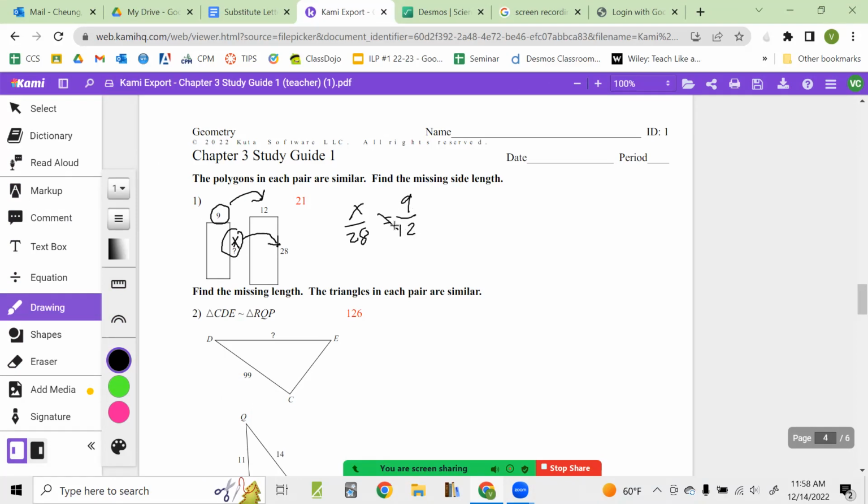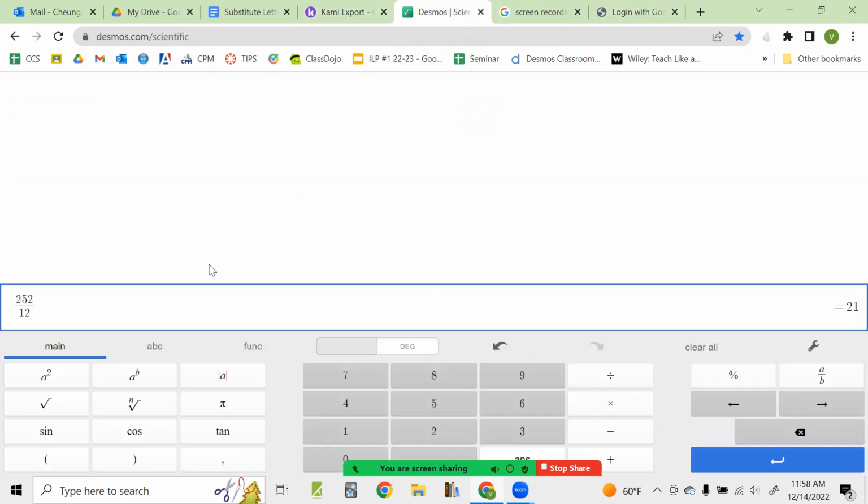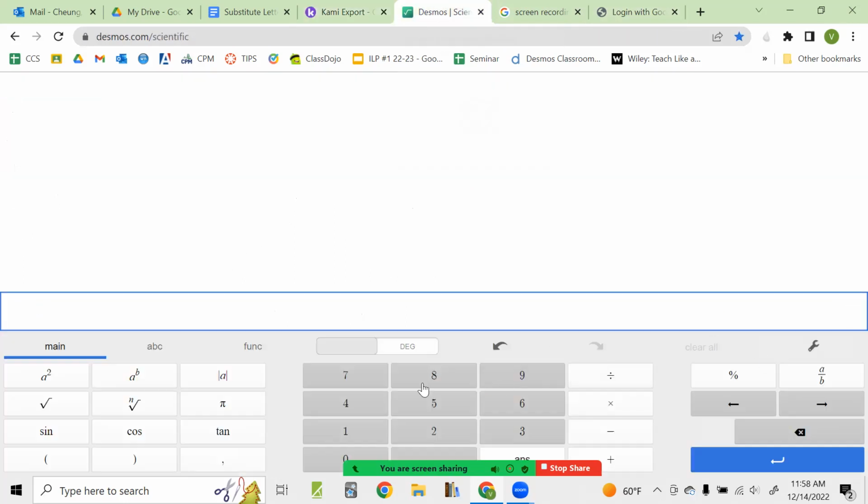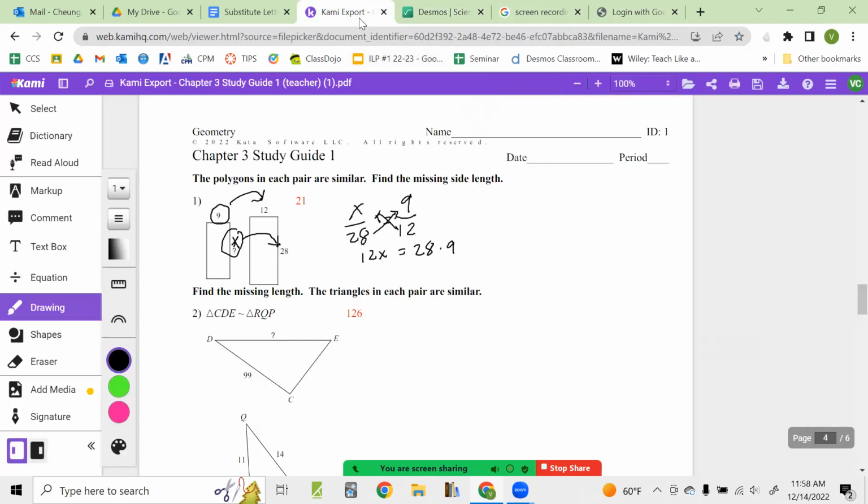We're going to cross multiply. 12x is going to equal 28 times 9. 28 times 9 is 252. So we're going to have 12x equals 252.